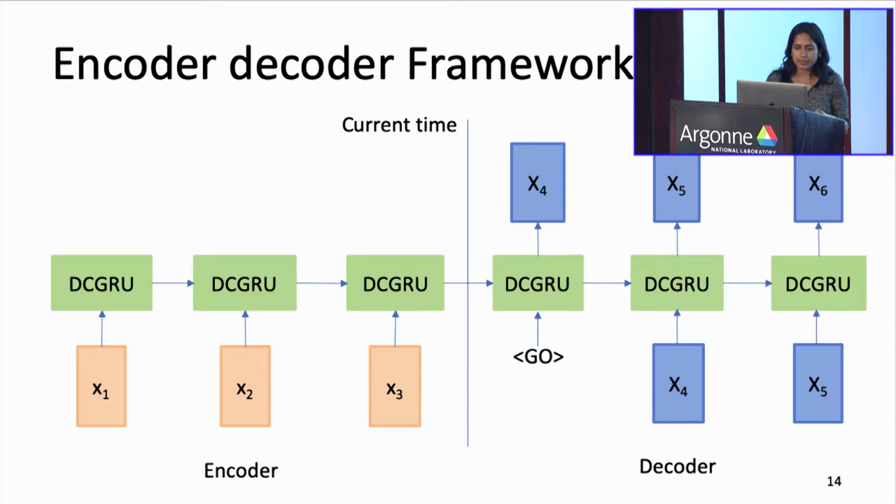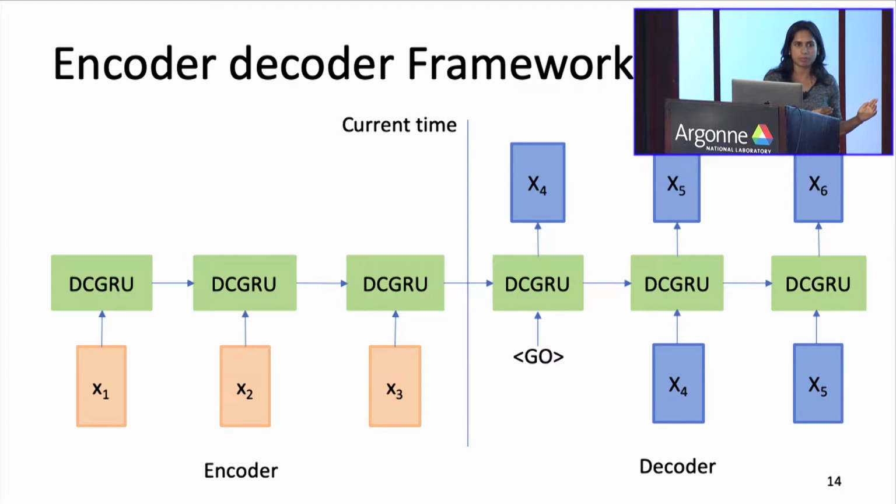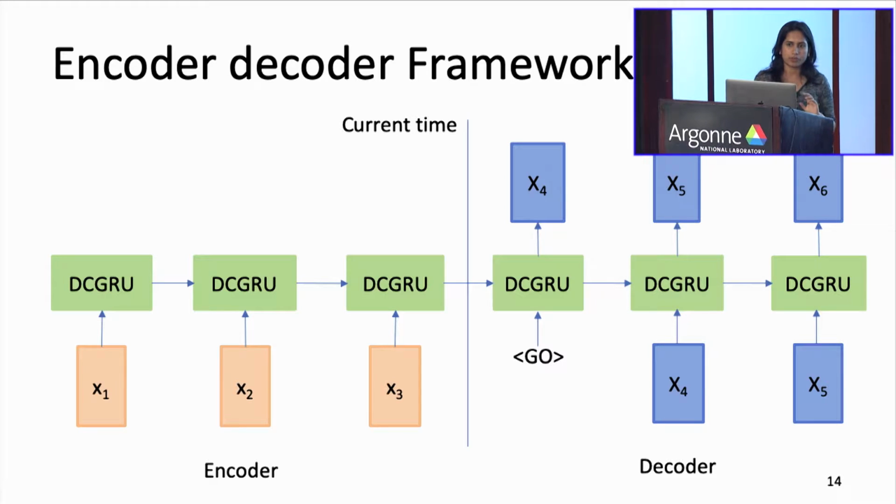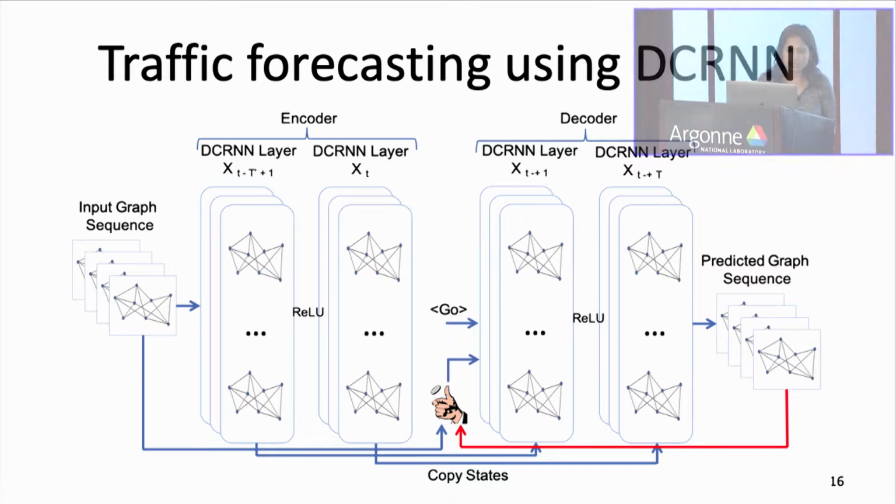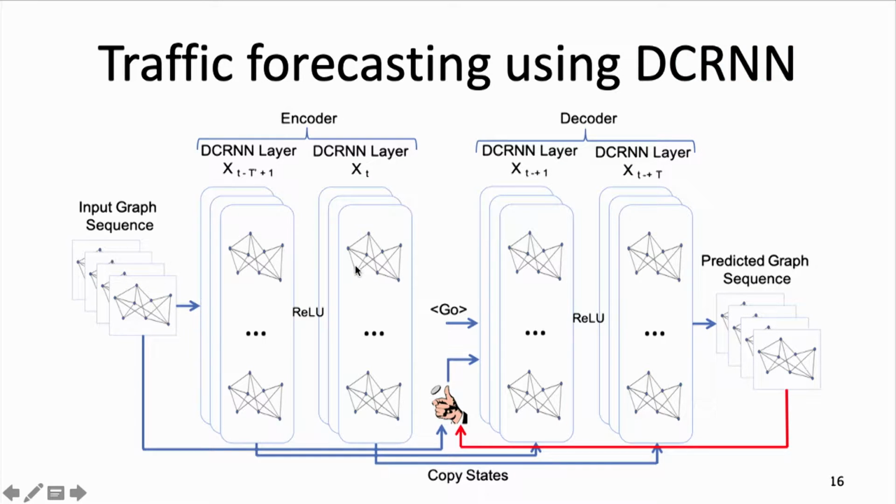So, in this recurrent neural network, instead of the normal cell, we are using the DCGRU cell and forecasting the traffic. Given 60 minutes of traffic, we forecast 60 minutes ahead. So, this is the whole forecasting architecture of DCRNN.